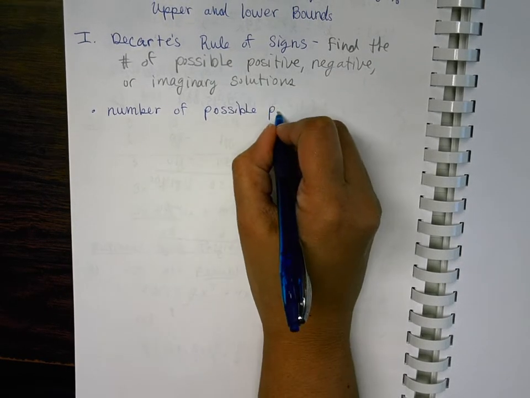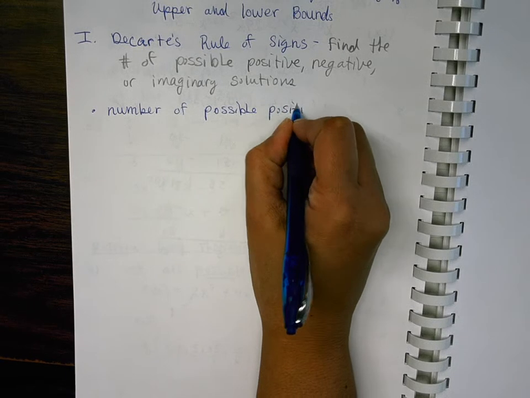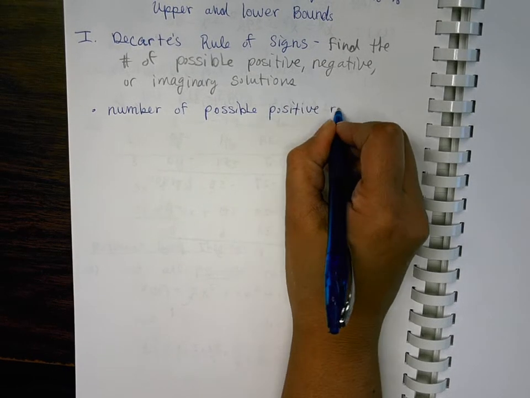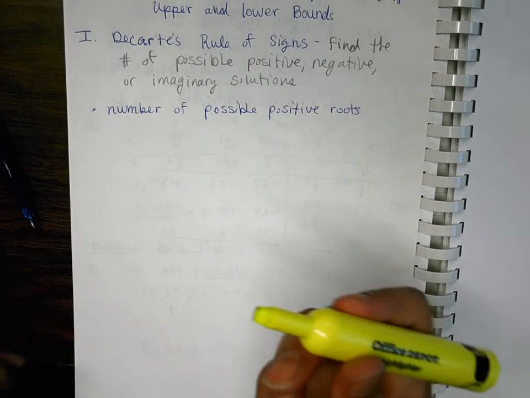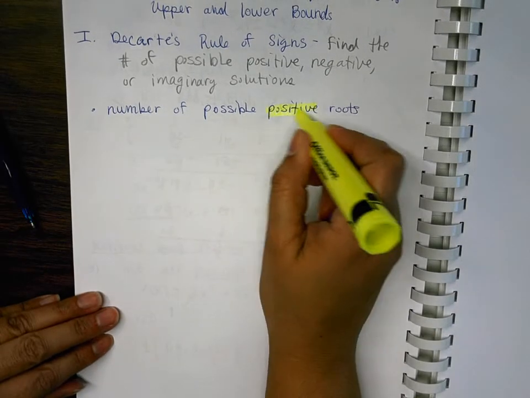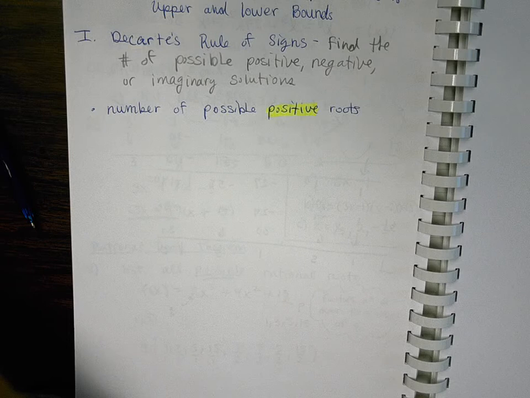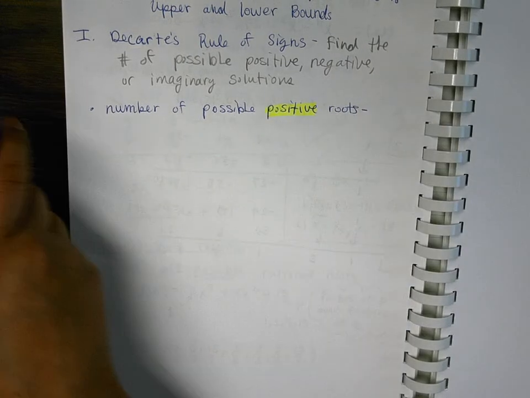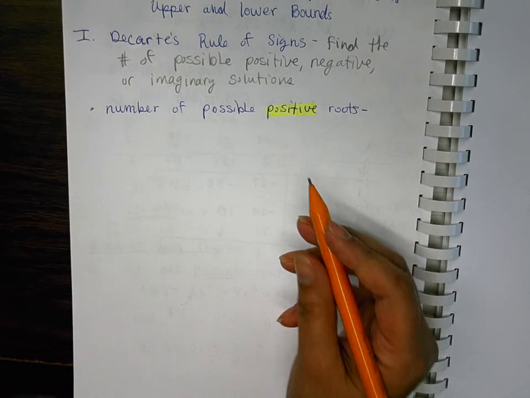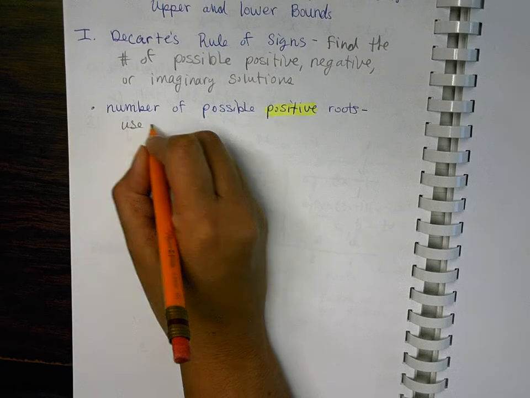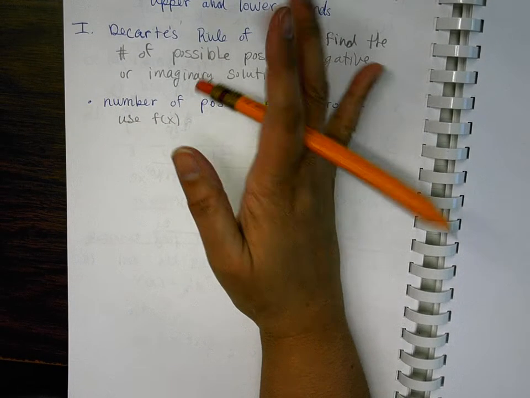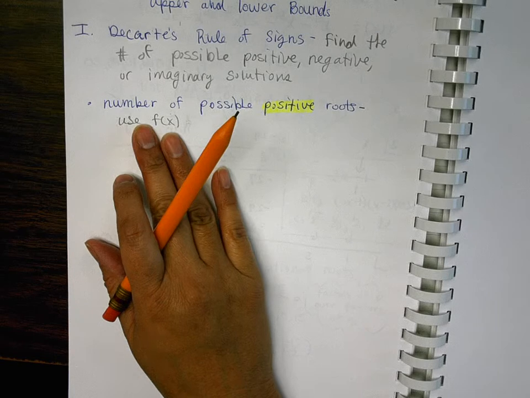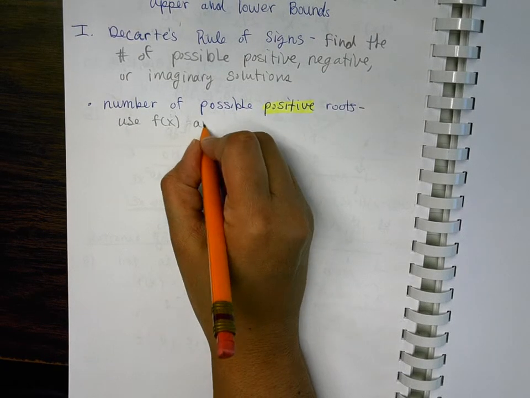We will find the number of possible positive roots. The way we will find that is we will use our original f of x function.